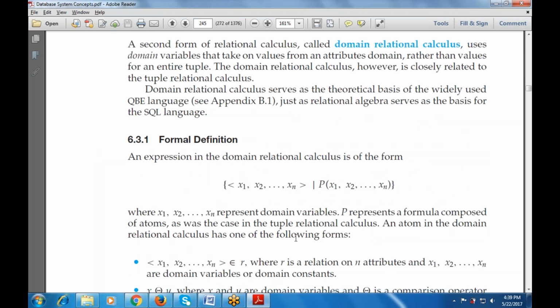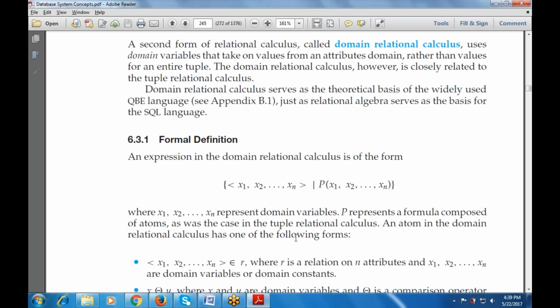Now the formal definition. An expression in the domain relational calculus is of the form {<x1, x2, ..., xn> | P(x1, x2, ..., xn)}, where x1, x2, ..., xn represent domain variables and P represents a formula.